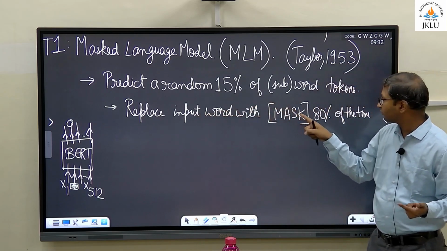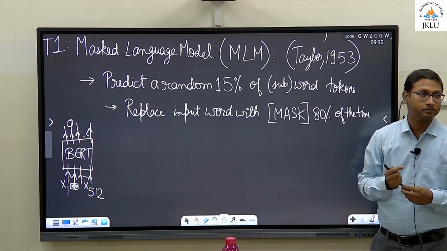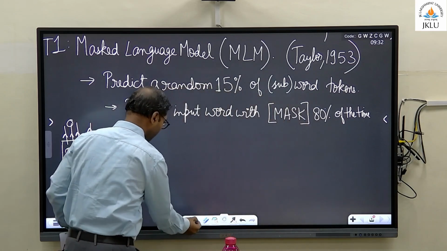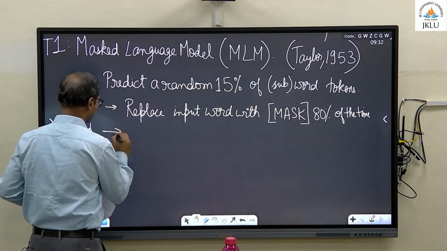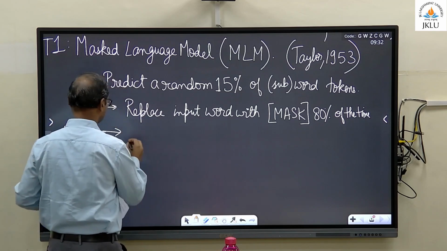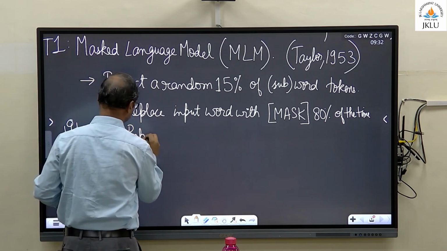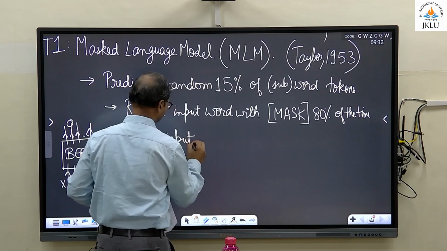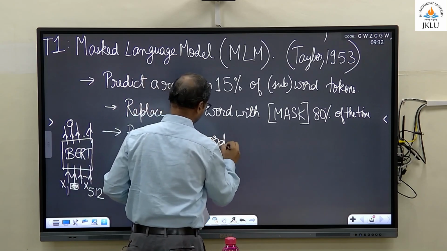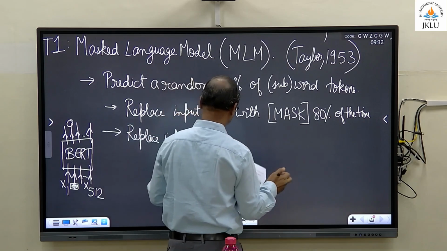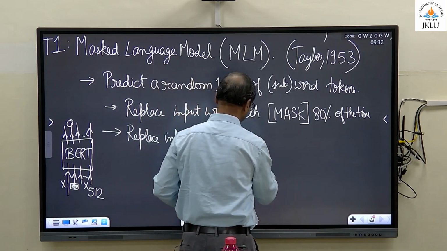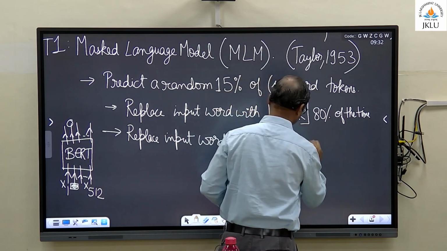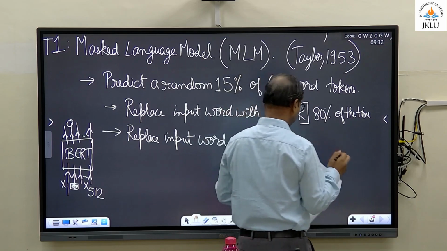Next, replace the input word with a mask 80% of the time. What do you do the remaining 20% of the time? They do something, so replace the input word with a random token.